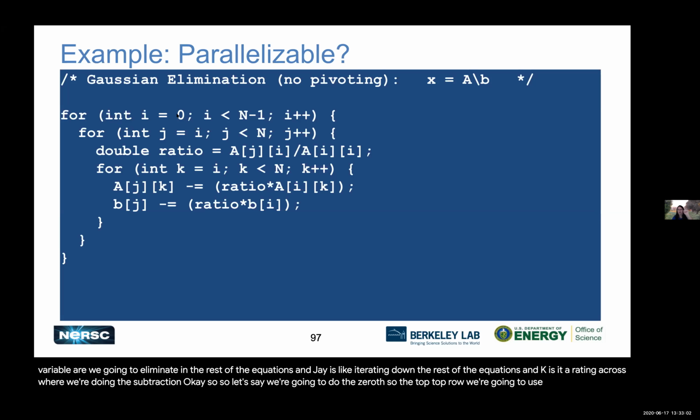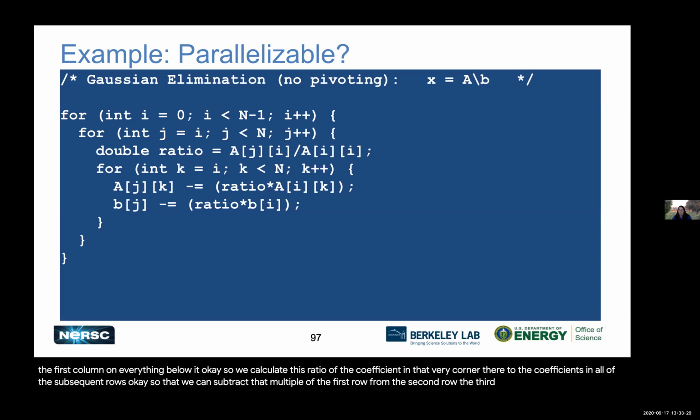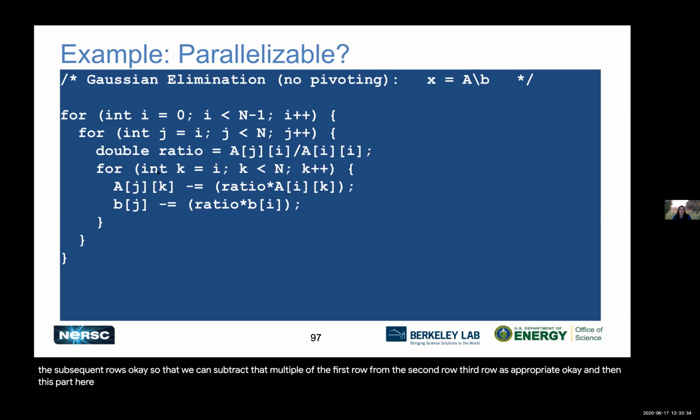We're going to use that to eliminate the first column on everything below it. So we calculate this ratio of the coefficient in that corner to the coefficients in all of the subsequent rows, so that we can subtract that multiple of the first row from the second row, the third row, as appropriate.